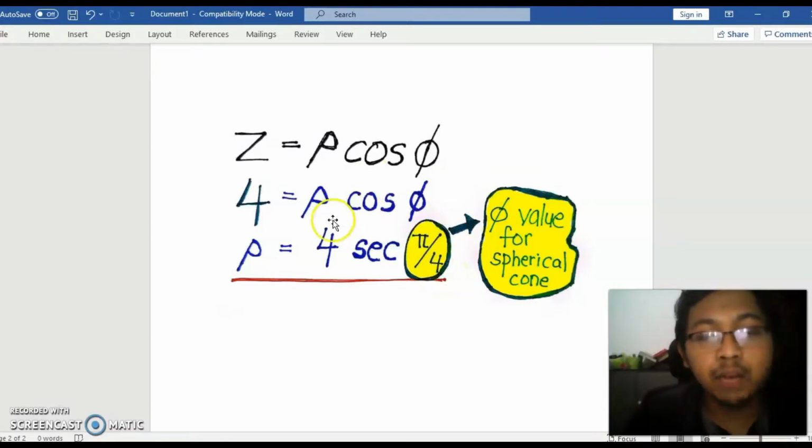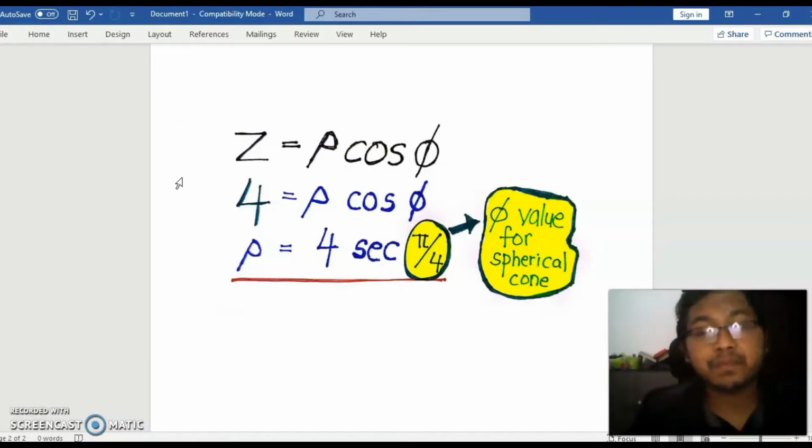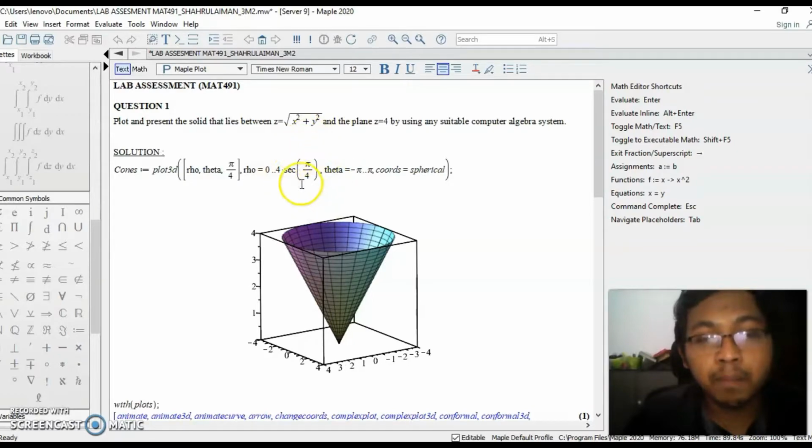And then, how do I get secant here? It is a simple mathematical operation. If cos is moved to the left hand side, it becomes 1 over cos, and 1 over cos is equal to secant. So that's why the answer is rho equal to 4 secant pi over 4, and that's why I put 4 secant pi over 4 in the range here.